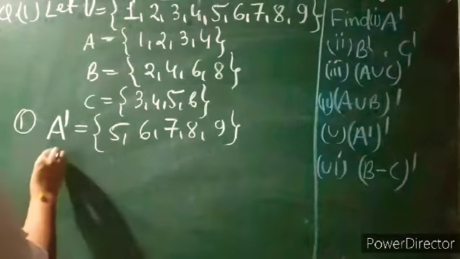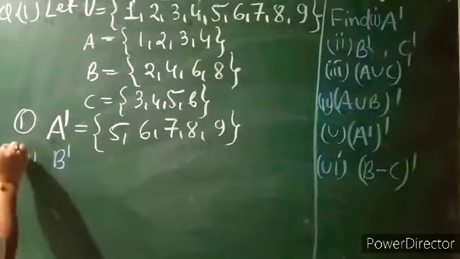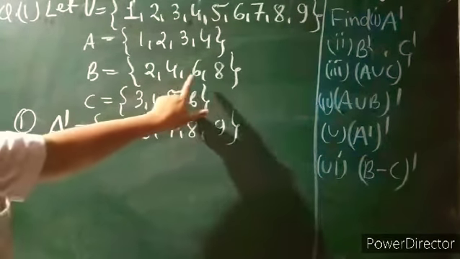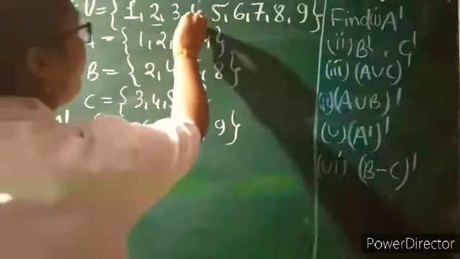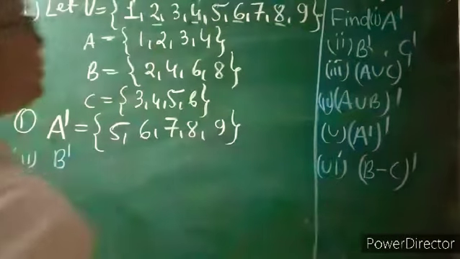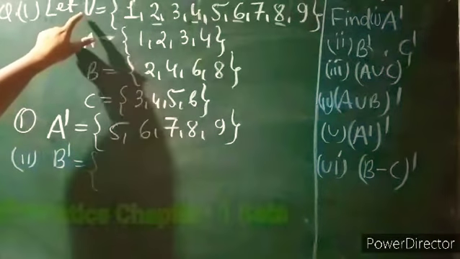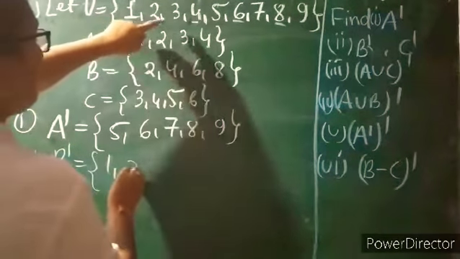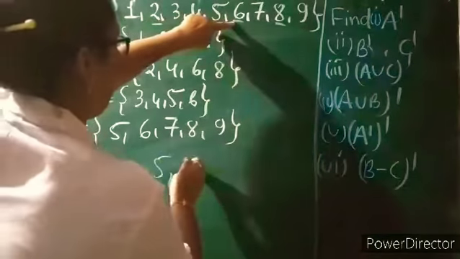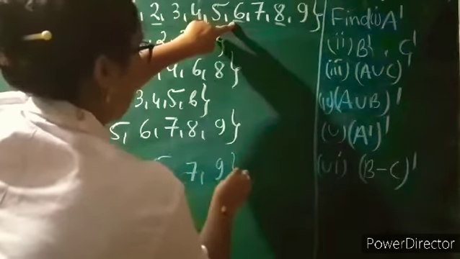Same for B. B dash, what will we do? 2, 4, 6, 8. Except these elements, we take all the rest of the elements in set U. You see 1, 3, 5, 7 and 9.